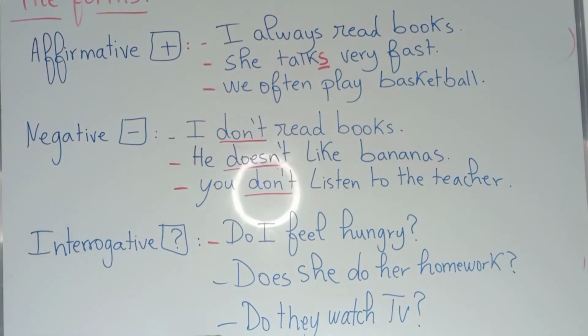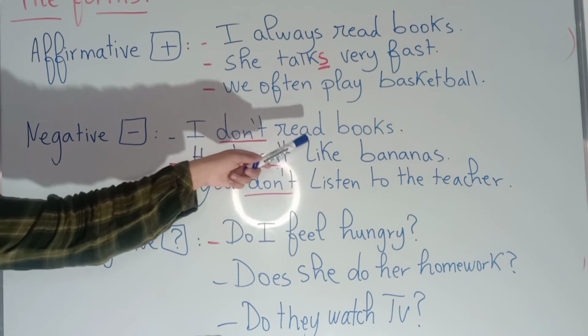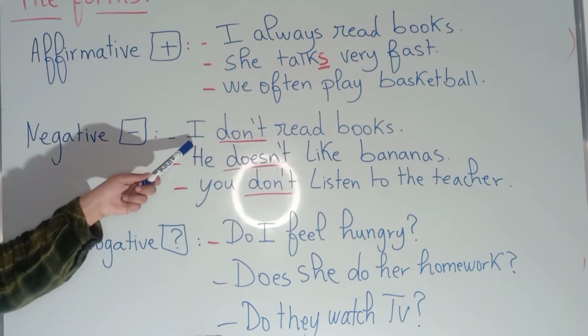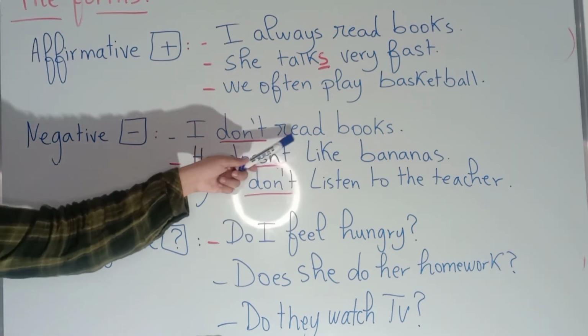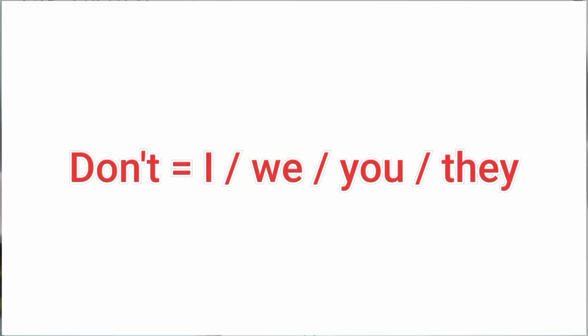Now let's move on to the next one, which is the negative form. I don't read books. So we use don't when we have I, we, you, they. Let me remind you one more time.